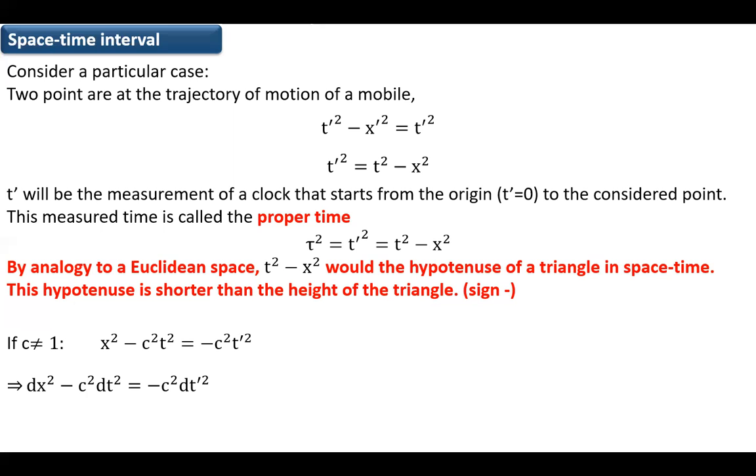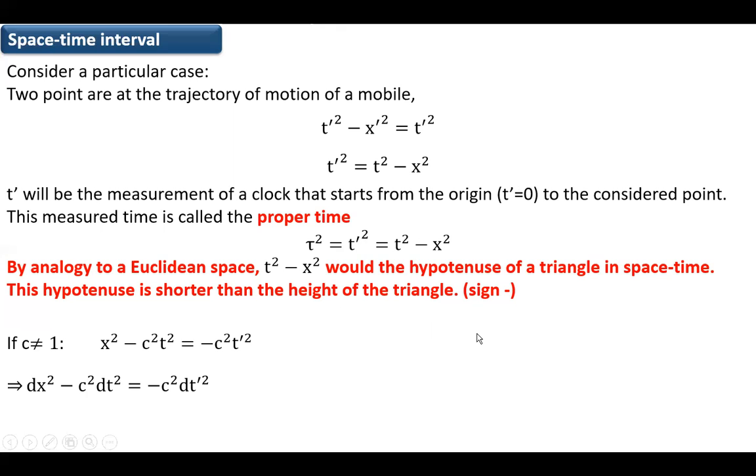This time, t prime, we call the proper time. It is the time measured in the mobile frame, by the clock attached to the mobile frame. In some textbooks, they call it tau. So t prime squared, or tau squared, is equal to t squared minus x squared.